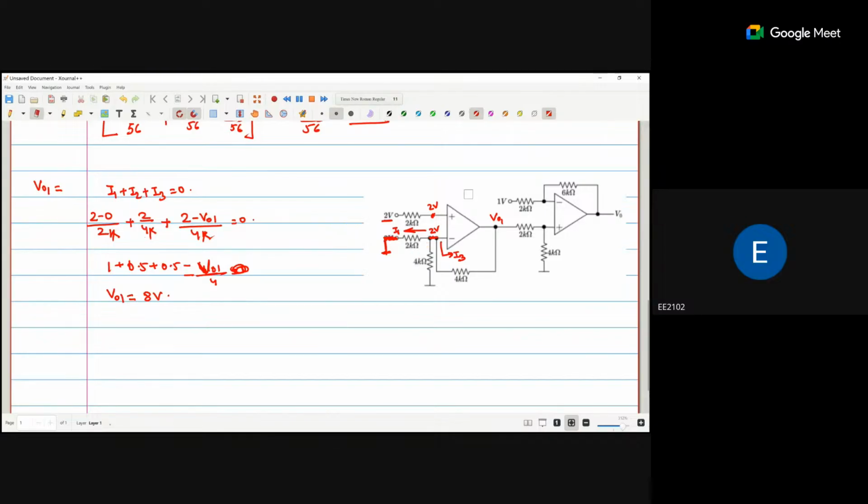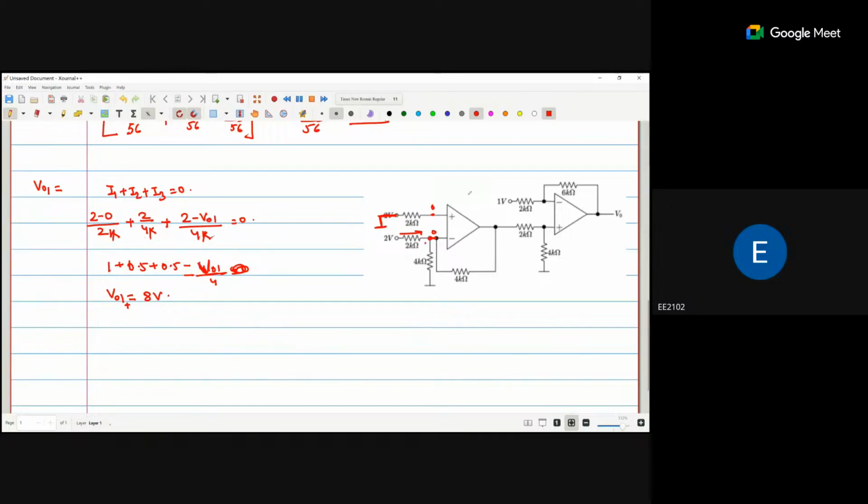Now we consider the second volt source as 0, so this one will be 0 and grounded. I just consider the V0 positive, and because of V0 negative, this point is the grounded 0. Now again we apply the KCL, so current will be going in this direction.